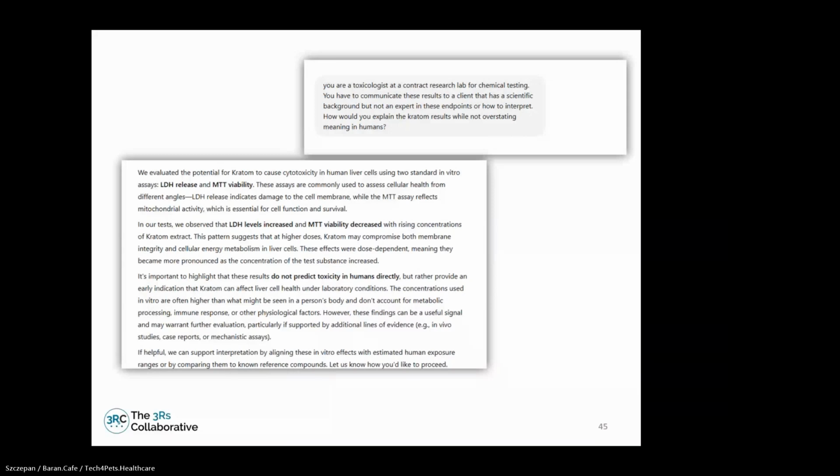And I do see Laura's question in the chat. So how do you tell it? I don't know if there's a better way to do it. This is me playing around. But one thing I say here is, how would you explain these results in kratom while not overstating the meaning in humans? So I didn't emphasize, hey, this is in vitro. Again, it's, at least for me, an art, not a science, and seeing what you get out.